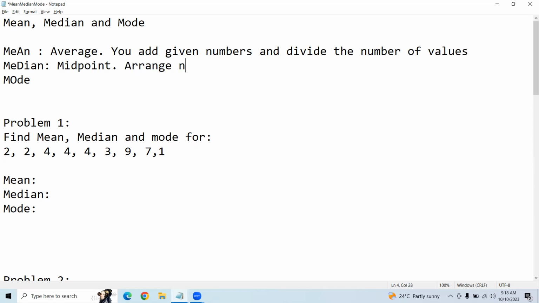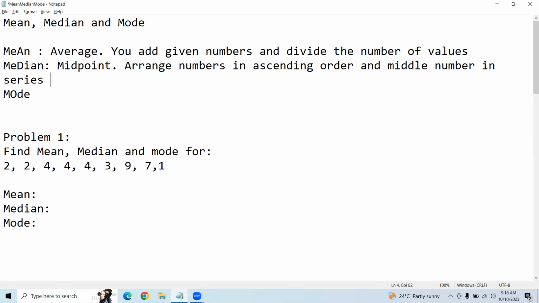Arrange the numbers in ascending order, smaller number first, then bigger numbers. The middle number in the series will be our median. If you have 5 numbers, 1, 2, 3, 4, 5, arranged in ascending order, the third number will be your median.